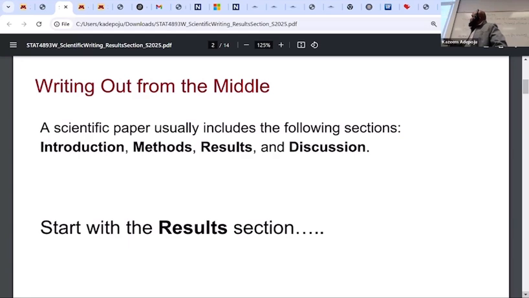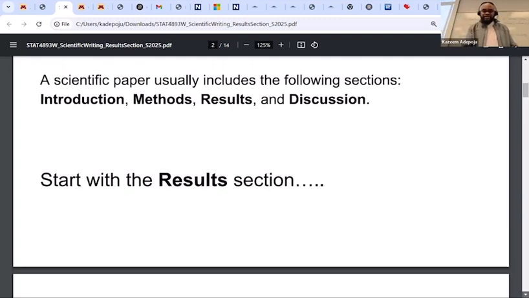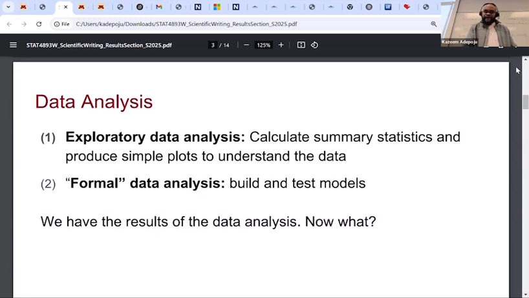So in any scientific paper, we include sections like introduction, method, results, and conclusion, with a discussion before you go into the conclusion. But what we want to assume here is that we want to start with the results section. We've already analyzed, and that is what we actually want to report about.